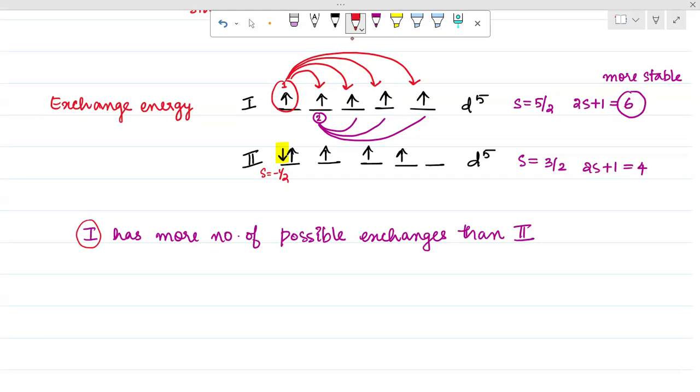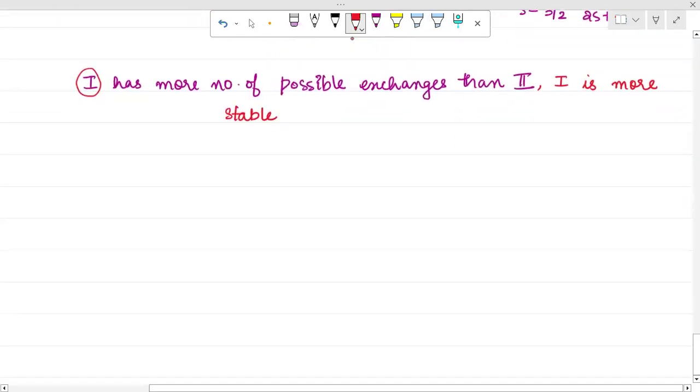As configuration 1 has got more number of possible exchanges than 2, configuration 1 is more stable. A very important thing in the case of coordination. That is why half-filled and fully filled orbitals are more stable. If you want, you can write it down.